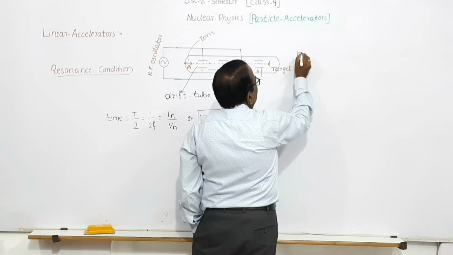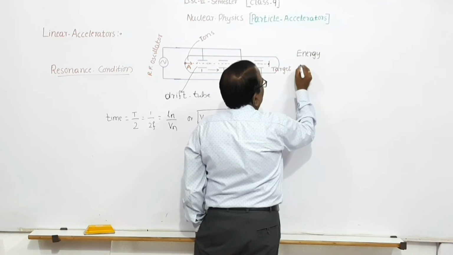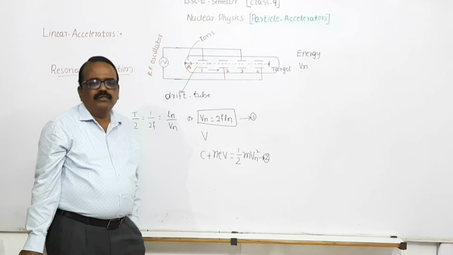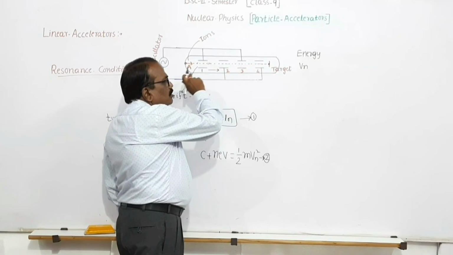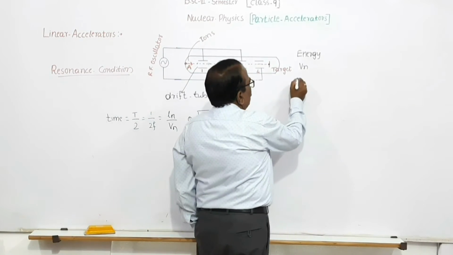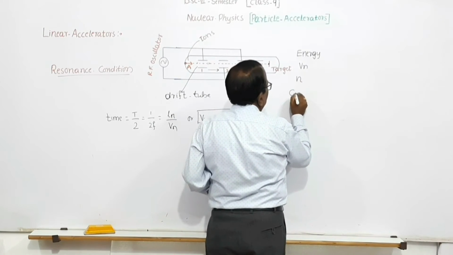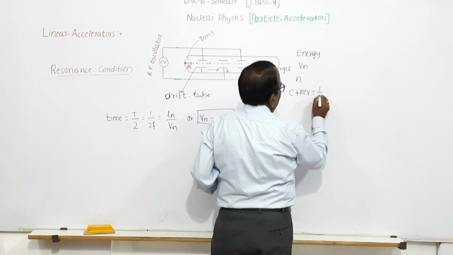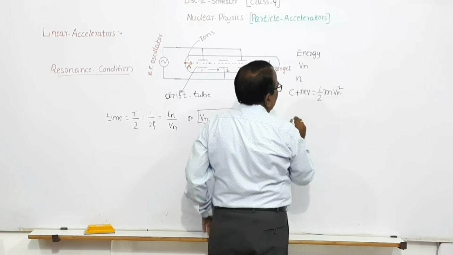That is energy, or you have to find an expression for velocity, because half m Vn square is the energy. If n is the number of gaps in the linear accelerator, then we have C plus NeV is equal to half m Vn square.